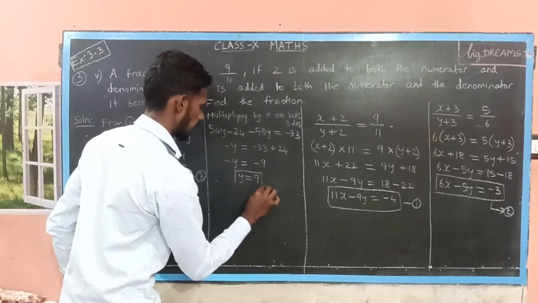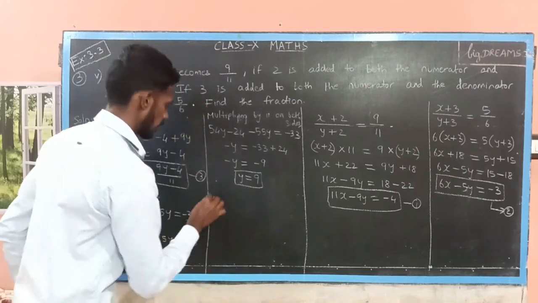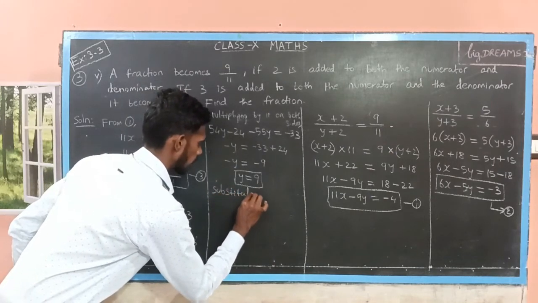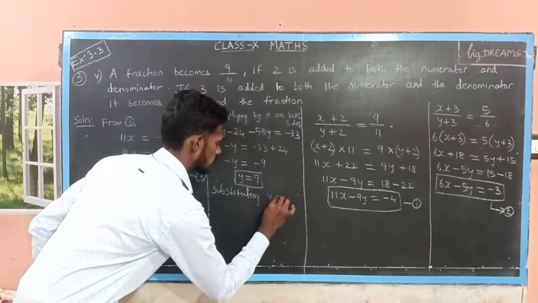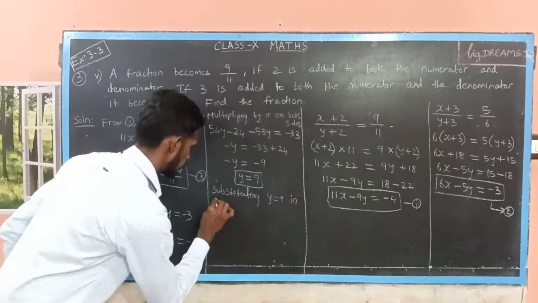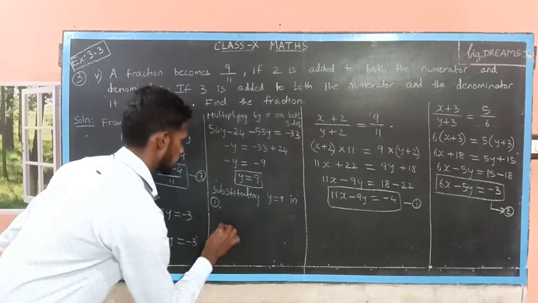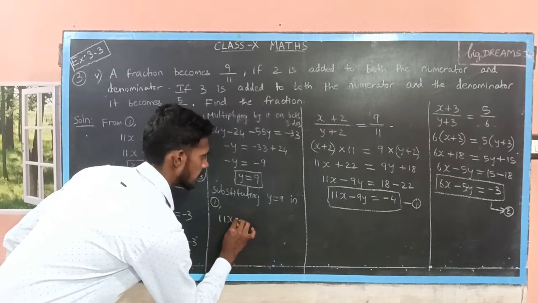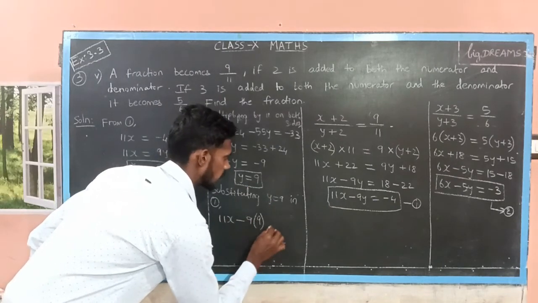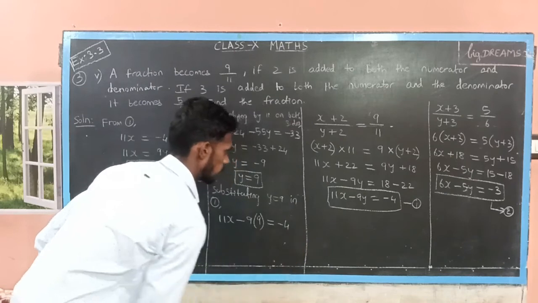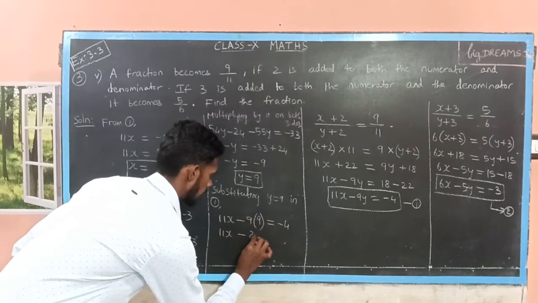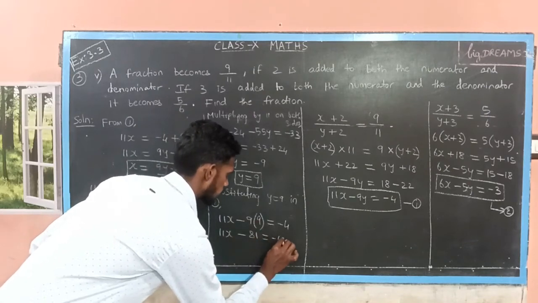Thus we have found the value of y. Now substituting y is equal to 9 in any one of the equations, let us substitute it in 1. So it is 11x minus 9 into the y value, which is also 9, is equal to minus 4. So 11x minus 9 into 9 is 81 is equal to minus 4.